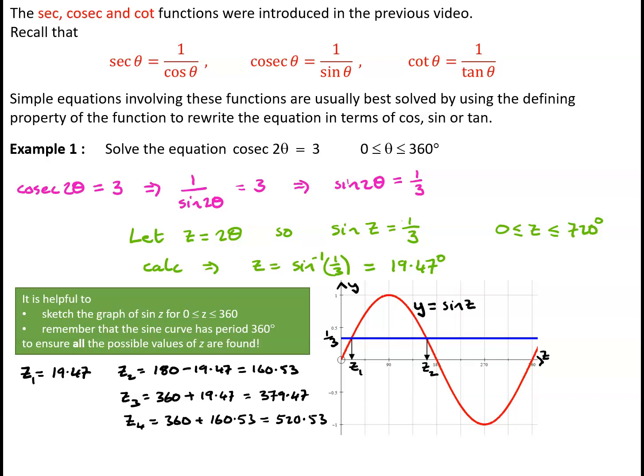We know that z is 2 theta, so theta must be a half z. So the possible values of theta are 9.7 degrees, 80.3 degrees, 189.7 degrees, or 260.3 degrees.